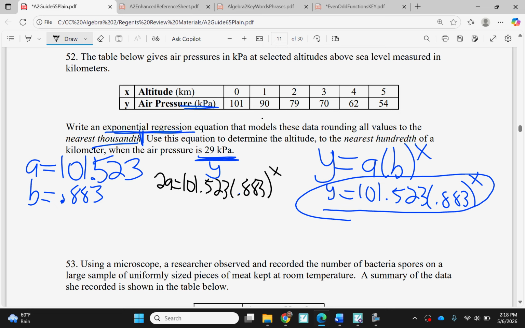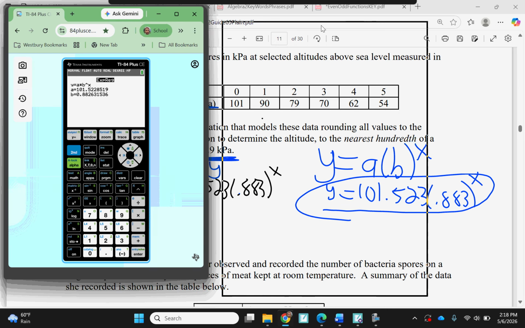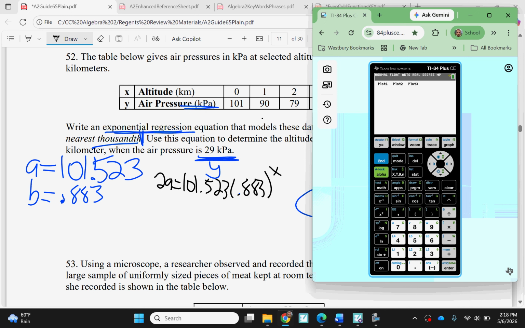To solve this, option 1, y1, y2 intersect. I'm going to do it for you quickly. I'm going to go to y equals, y1 is 29, y2 is 101.523 times 0.883 to the power of x.